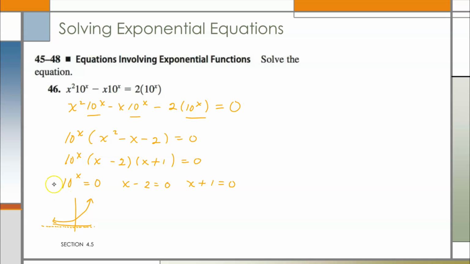What that means is we don't have a solution from that part of our equation. Here we have x equals 2. Here we have x equals negative 1. I'm going to go ahead and box both of those as solutions.